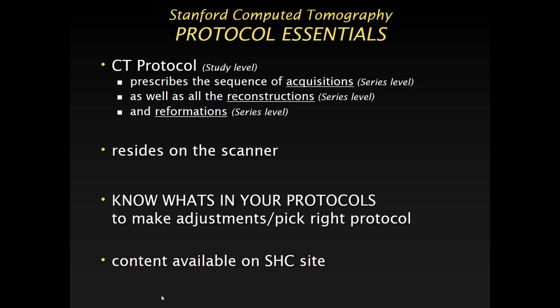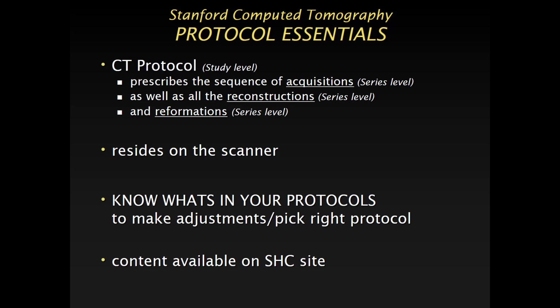And so what's still important for you to pick the right protocol for the right indication is that you need to have some idea of what's in your protocols and what elements are usually in a protocol that is on your scanner. So for example, if you order a CT angio, you should know that it usually includes a non-contrast scan, whereas if you scan a trauma CTA, it doesn't have a non-contrast scan.